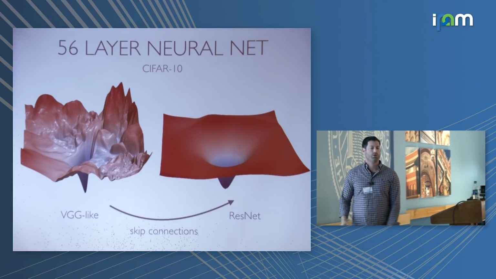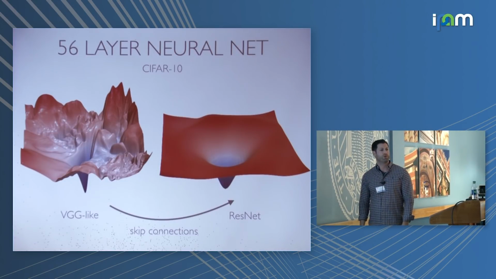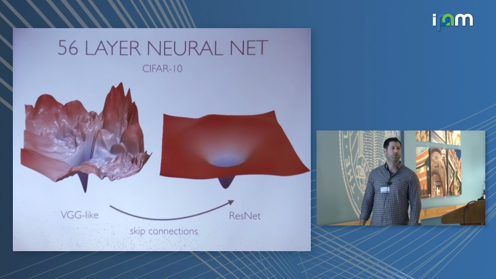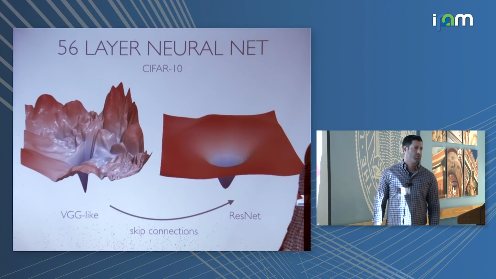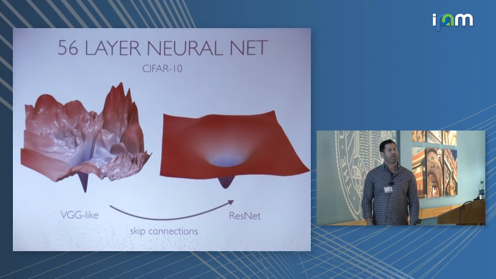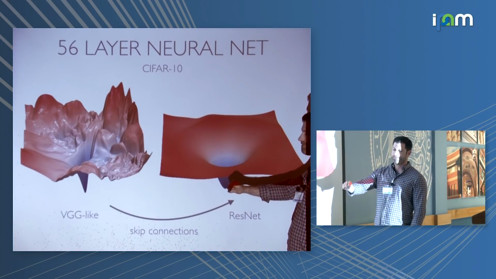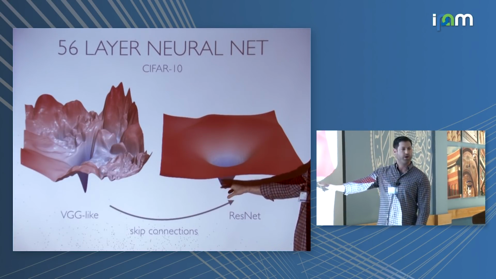Because you have products of weights, so that's inevitable. I think you need to be careful how you interpret them, and there are some interesting differences that I'll point out later.